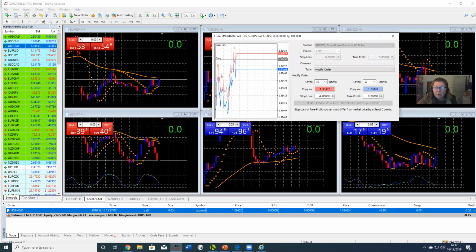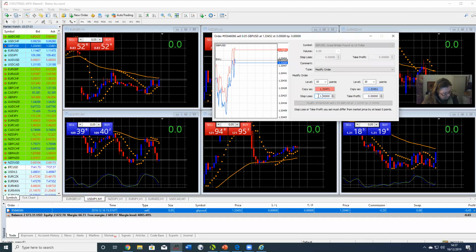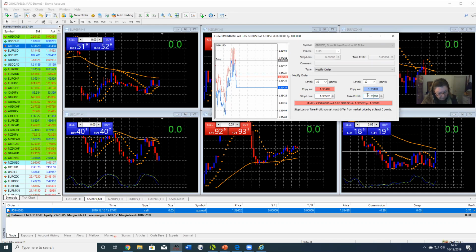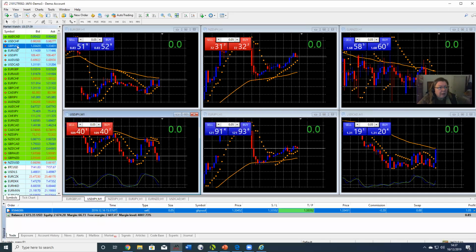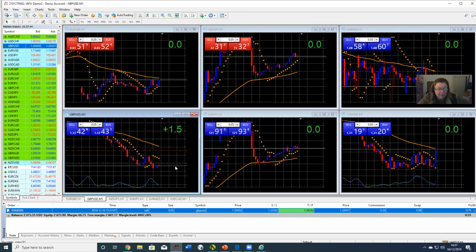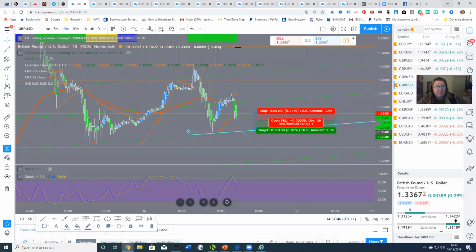So I'm only doing a smaller stop loss, sorry about the drilling. 1.33552, just doing 10 pips, and I'll set the take profit at 1.33352. So that's just 10 pips either way. And just drag that onto the screen there. Anyway, we'll leave that one with you. Not one I'm confident about enough to do on a live account.